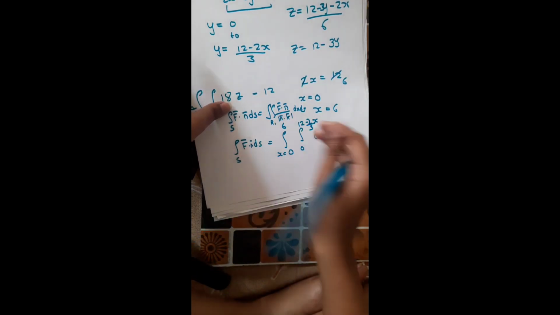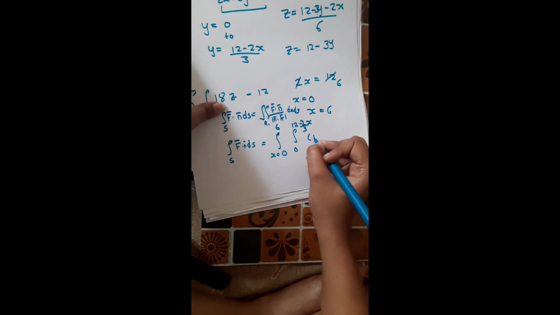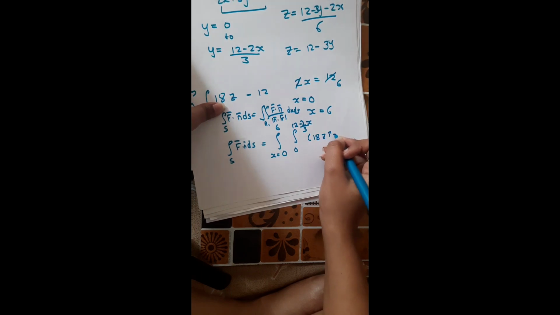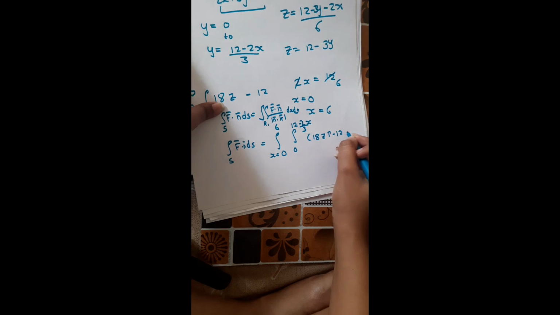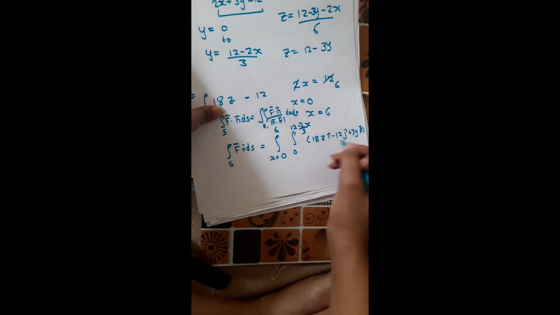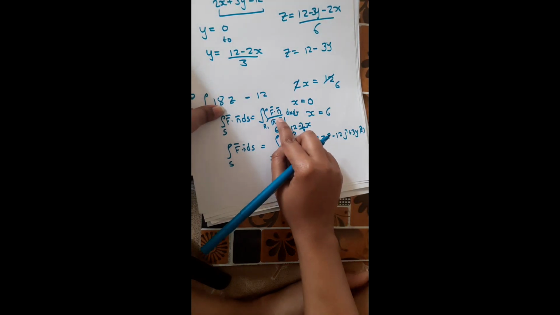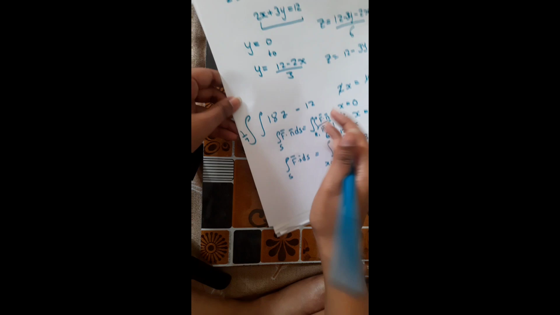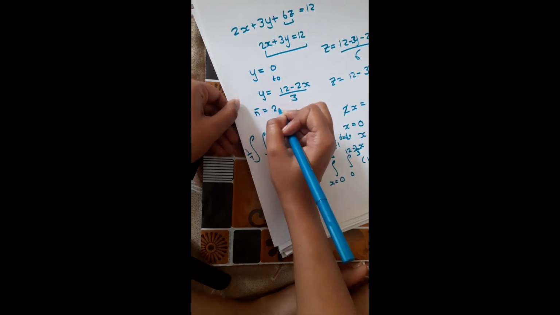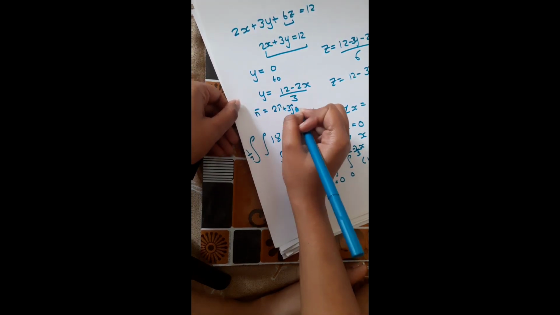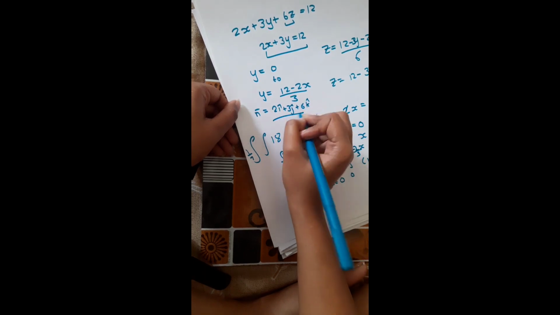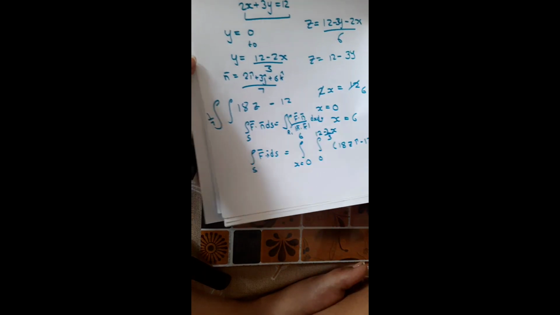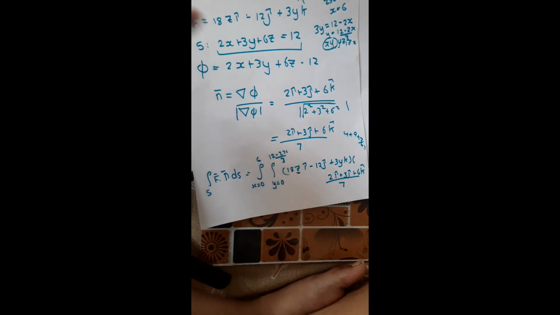What is our F bar? F bar is 18z i cap minus 12 j cap plus 3y k cap. I am doing the dot product with n bar. As I told you earlier, n bar is 2i cap plus 3j cap plus 6k cap by 7. I told you how it comes.